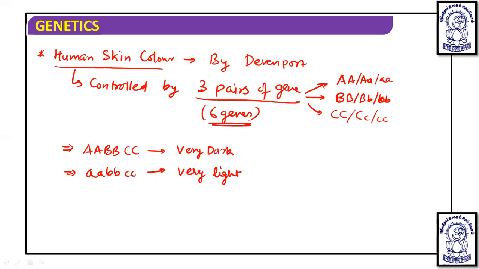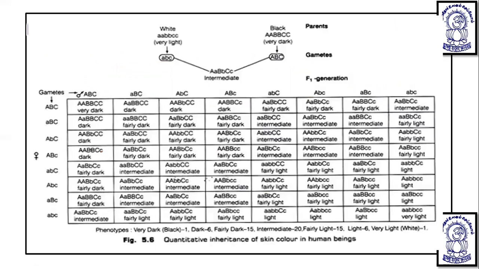Okay. So if we want to make a cross of this pure line and understand how they show the polygenic inheritance and what will be the phenotypic ratio, then let's understand by this particular cross. Here the complete cross is made, that we need to understand. See here, this is the parent generation.